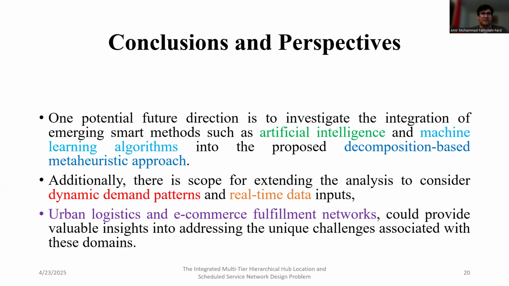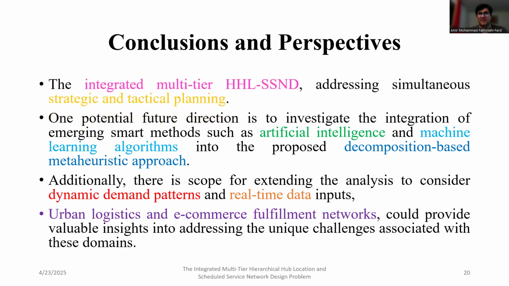So this paper provided a new integrated multi-tier hierarchical hub location and scheduled service network design as an advanced freight transportation system where we contribute to both strategic and tactical planning.